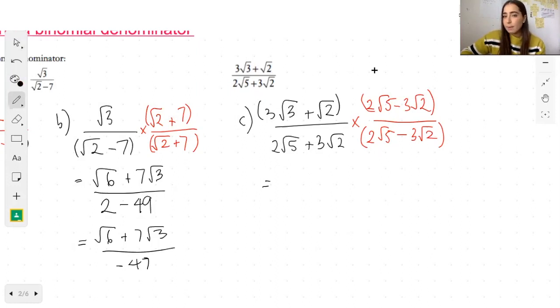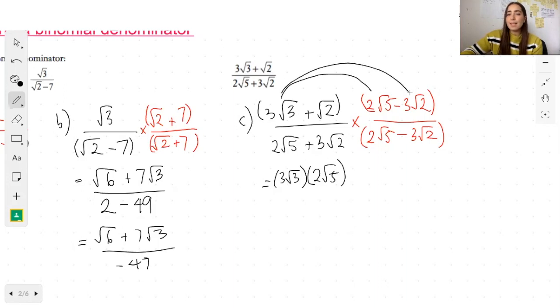The way that we're going to expand the top is we're going to use eyebrows. So we're going to do 3 root 3 times 2 root 5. So I'll write it out like this, right? Then we're going to do 3 root 3 times negative 3 root 2. Then we're going to do root 2 times 2 root 5.